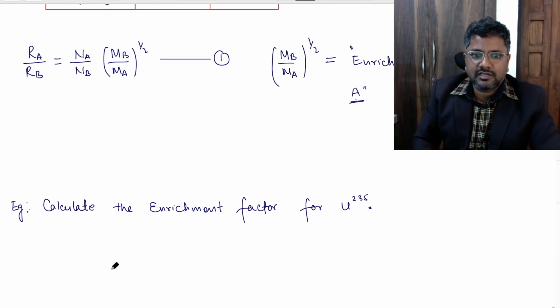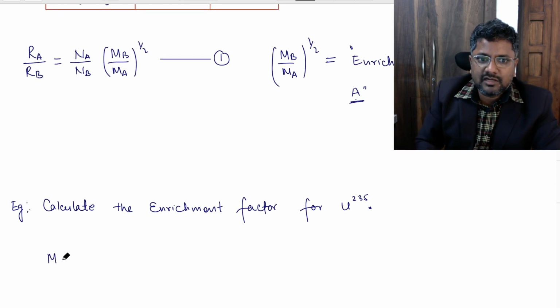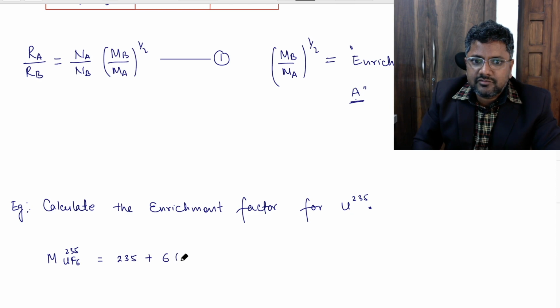First you have to find the molar mass of UF6 235. This is equal to 235 plus 6 into 19, so this is equal to 349 grams per mole.